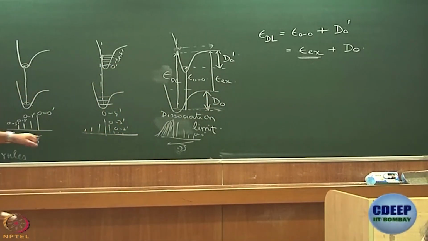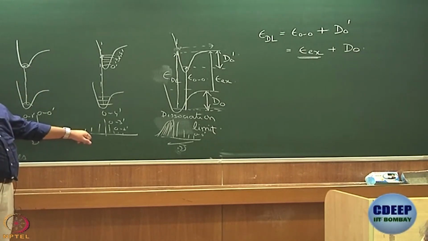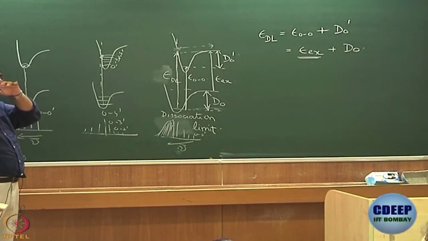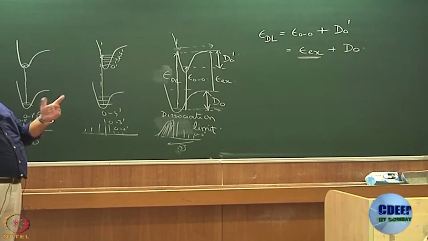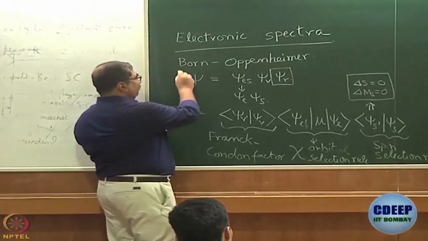Suppose we have this kind of spectrum. Is there a dissociation limit here? There is no continuum. Can we find out the values of D0 or D0' from there? Actually we can. For that, we will write the second part of this discussion.